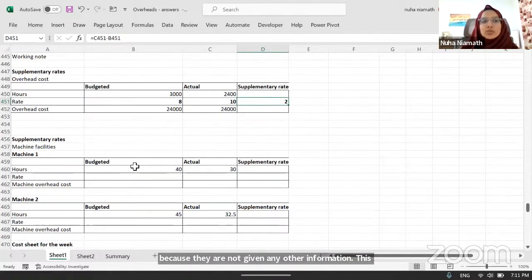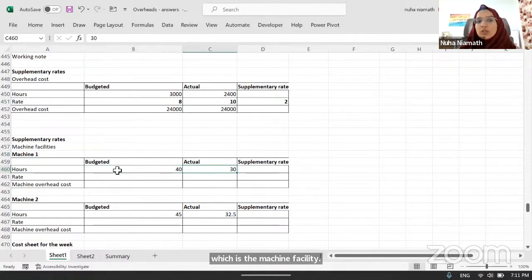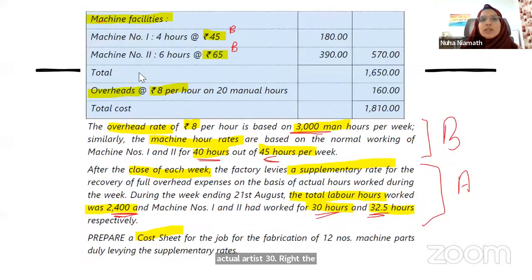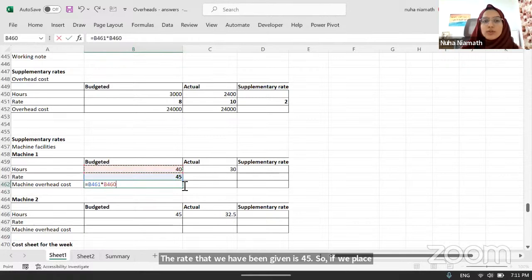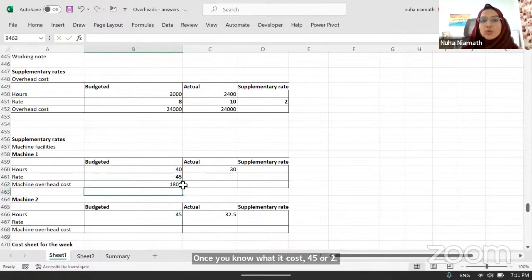Let's move on to the next one, which is the machine facility. Machine facility's budgeted hours was 40 hours and the actual hours is 30 hours, right? The actual hours that it worked was 30 hours. Now, the rate that we have been given is 45 rupees. So if we place 45 rupees here, we get the machine overhead cost as 45 into 40 hours, which is 1,800 rupees.